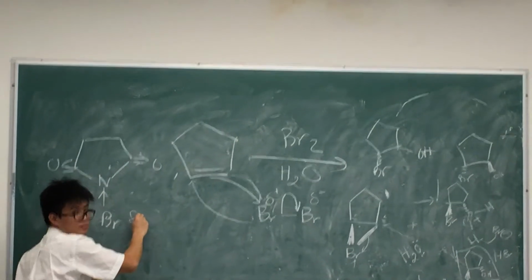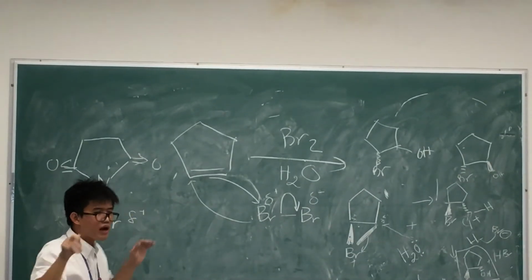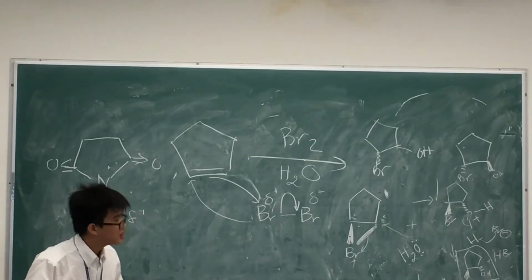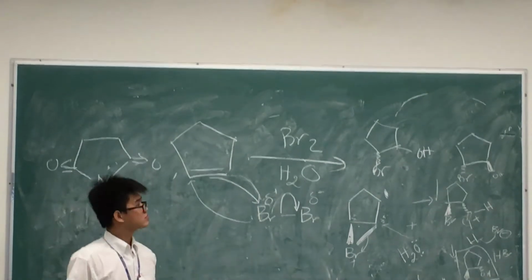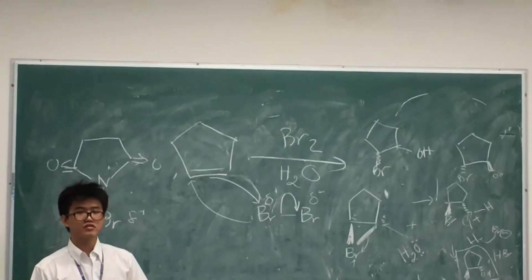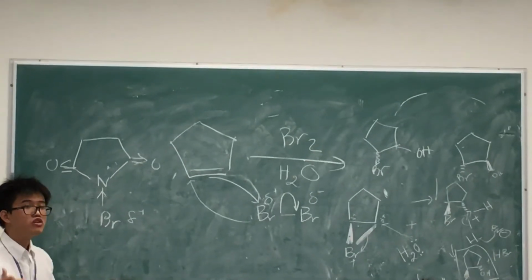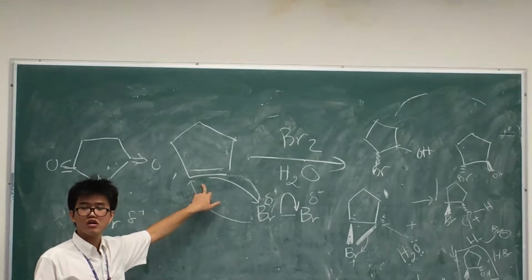So this one will become partial positive. So if you have a partial positive bromo atom, what will happen? And do you know why they use this one but not use this one? You know why? You need to look at the solvent. It is dissolved in water.